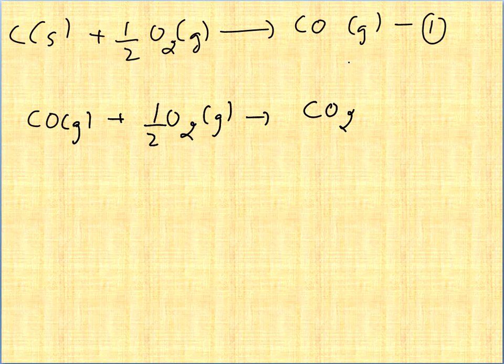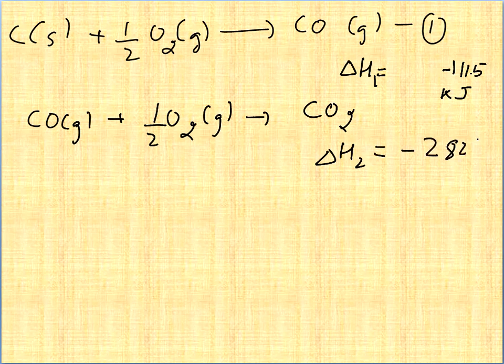In the first step, the heat delta H is minus 111.5 kilojoule. Okay, and in this the delta H will be minus 282 kilojoule.